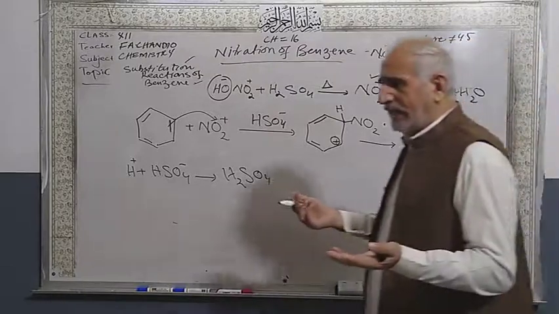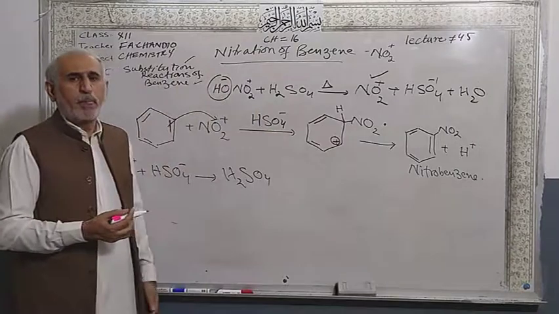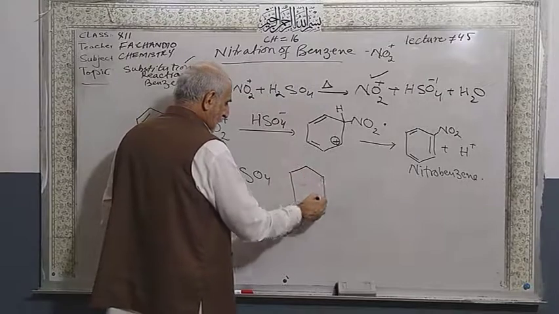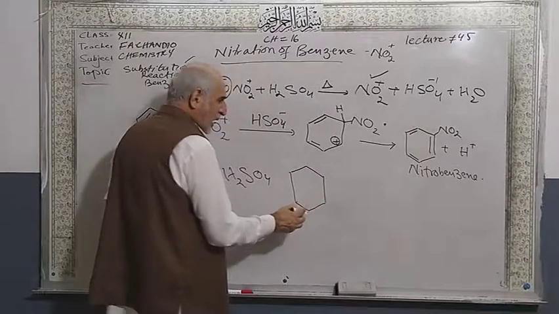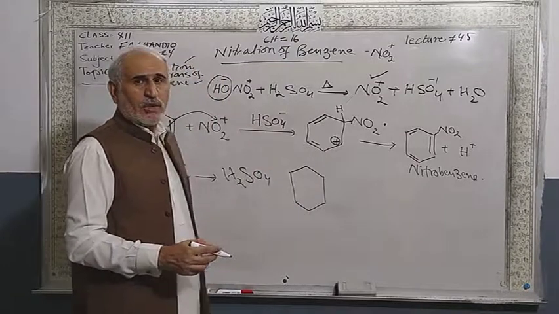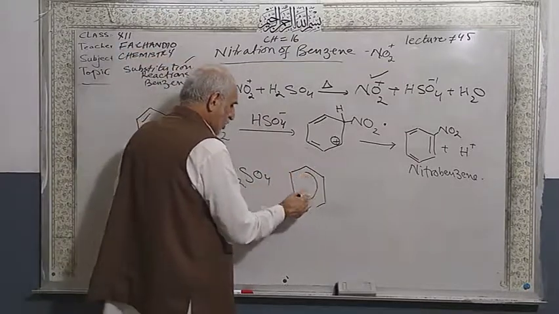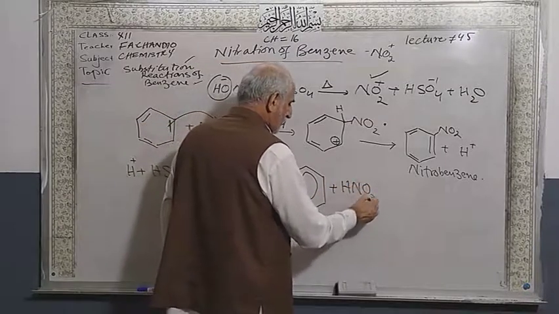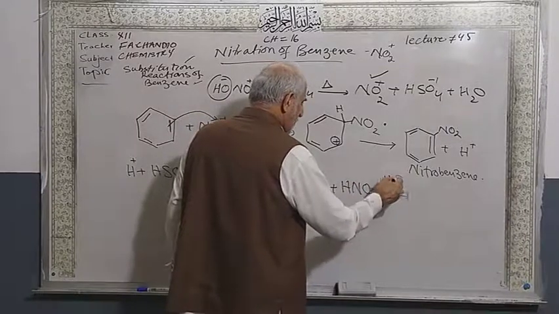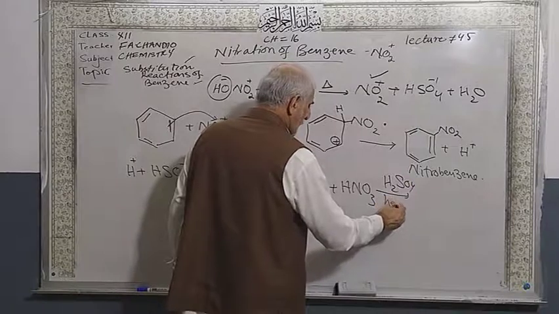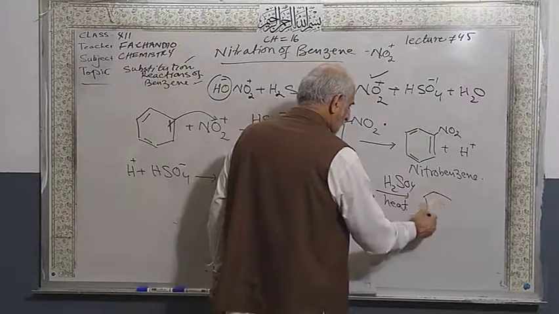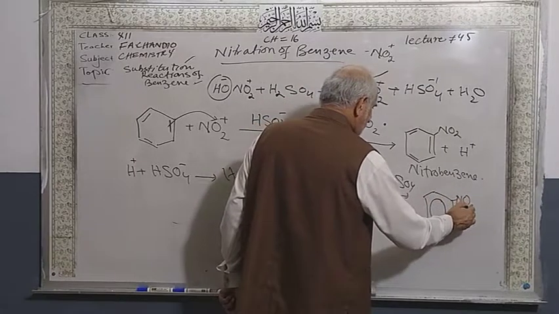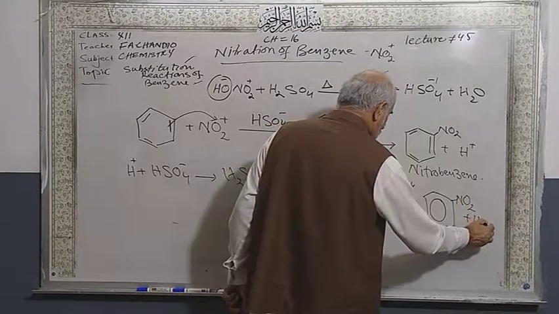If we write the same chemical reaction in one step, you can write it like this. The mechanism shows the path of the chemical reaction, how the reaction proceeds. So this is benzene, nitric acid, sulfuric acid, heat, and you will get nitrobenzene plus water.